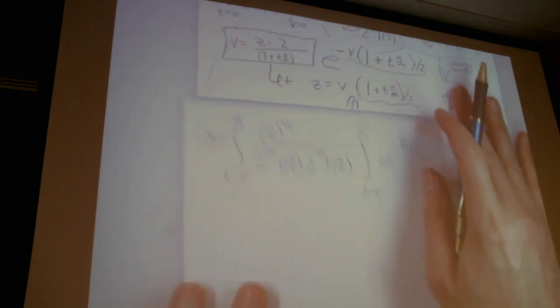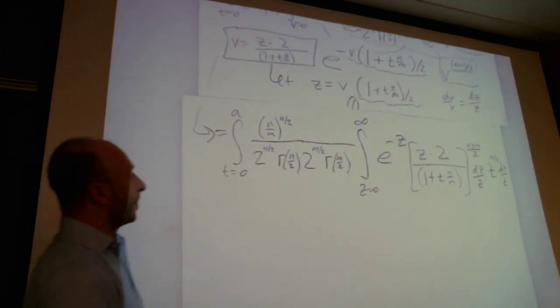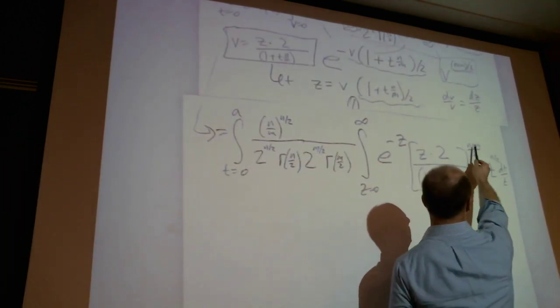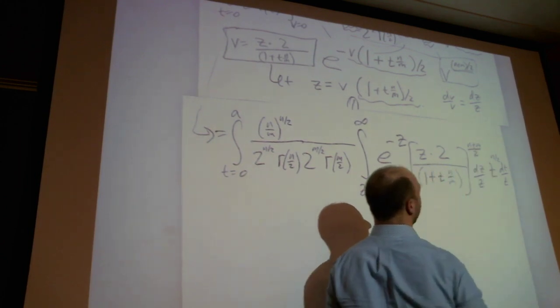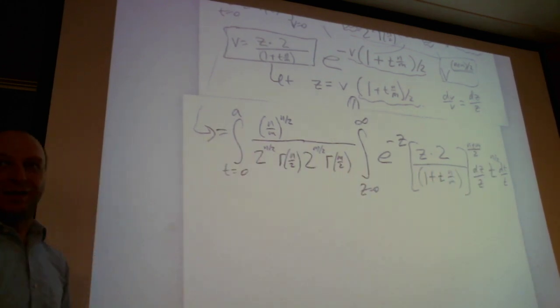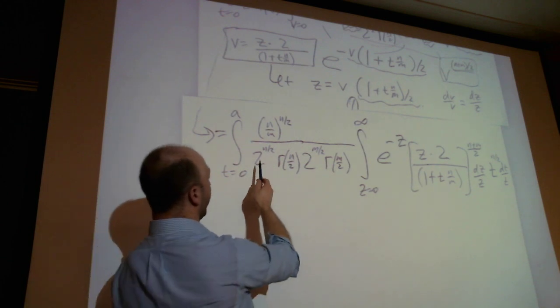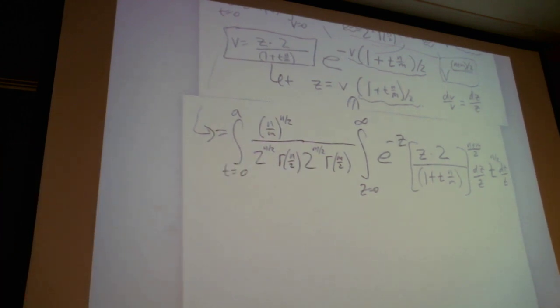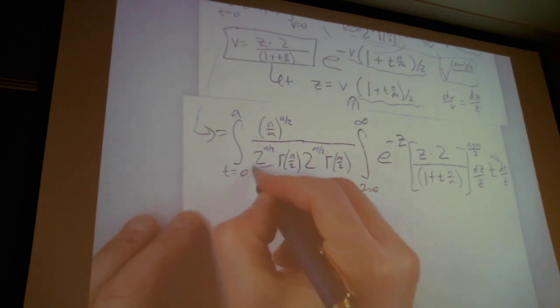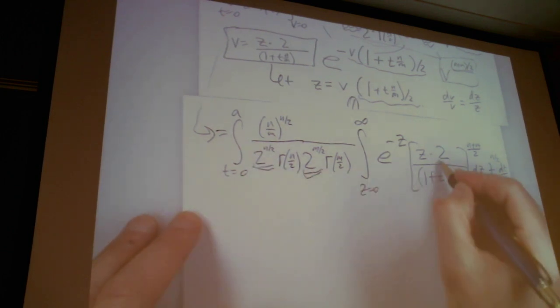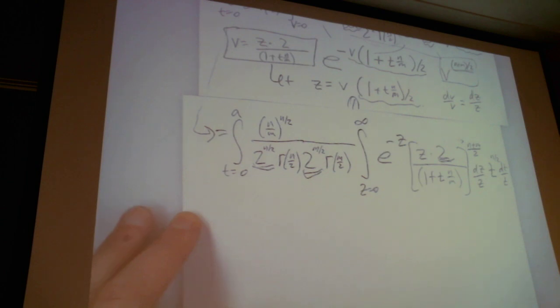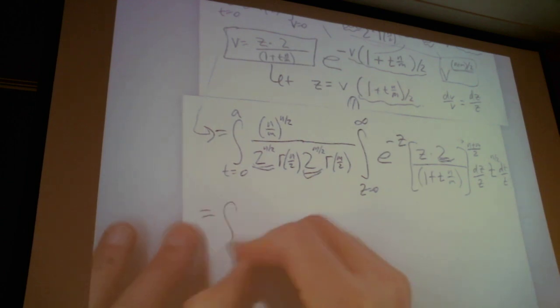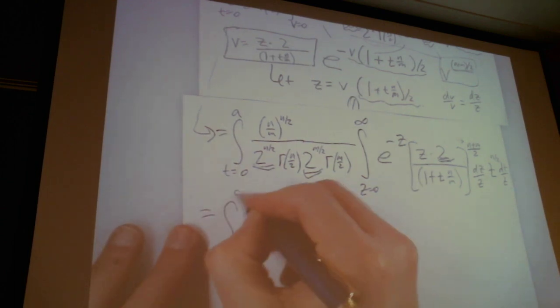There's only one thing left to observe, which is that there's a power of 2, 2 to the n plus m over 2 in the numerator, and in the denominator. That's the only other thing that simplifies. So this power of 2 and that power of 2 is killed by that power of 2. There's an integral from 0 to a.